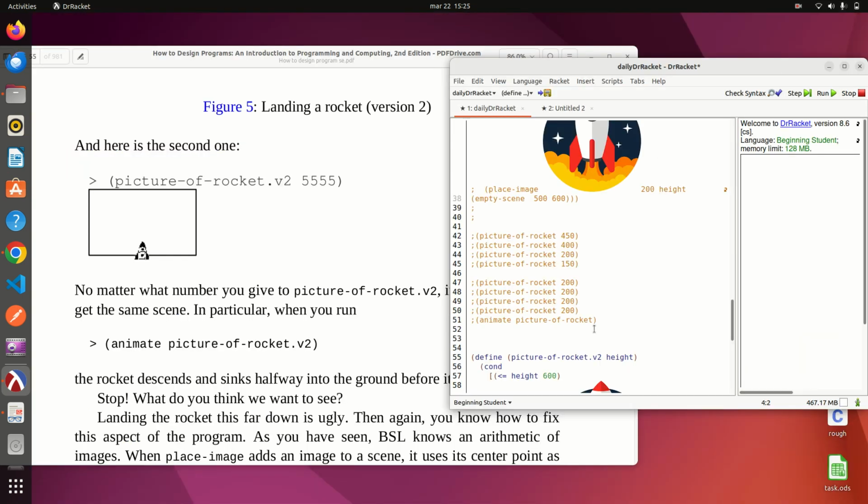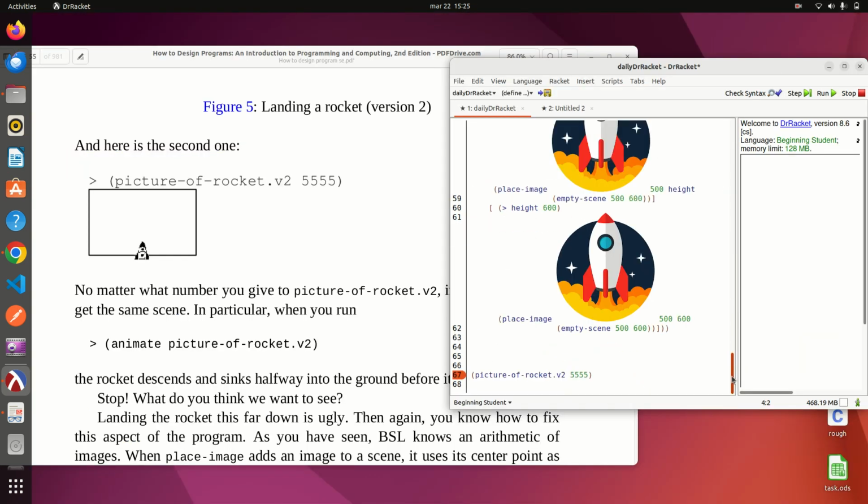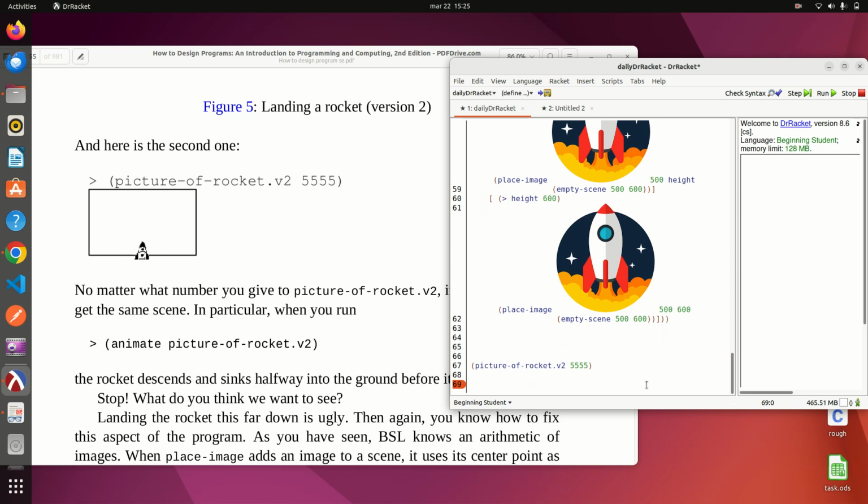Let's try with this one. I can try fixing it. Animate. But even this one is completely squashed. I mean, it's not perfect. It's not at the center.